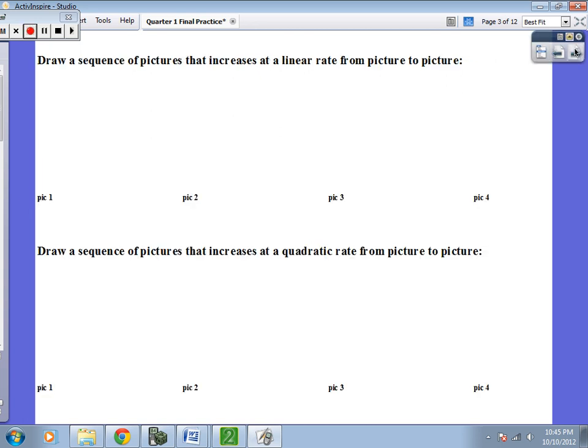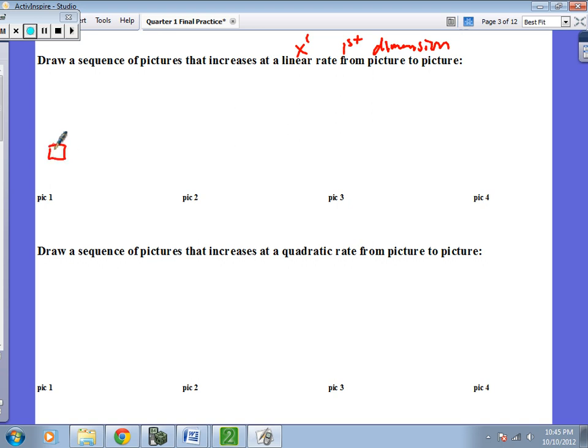Okay, let's see. Draw a sequence of pictures that increases at a linear rate from picture to picture. So linear is x to the 1, and that is the first dimension. So don't need to be complicated at all.